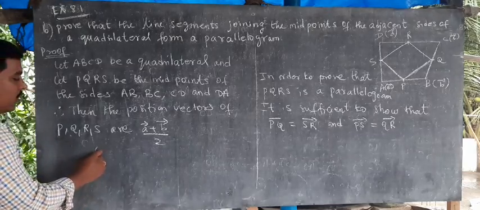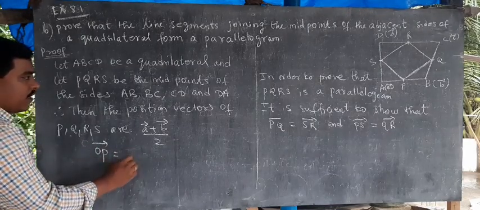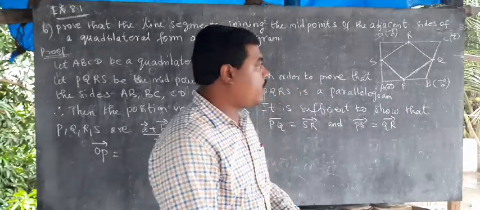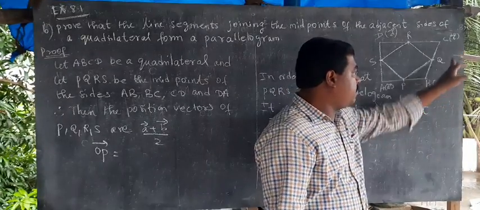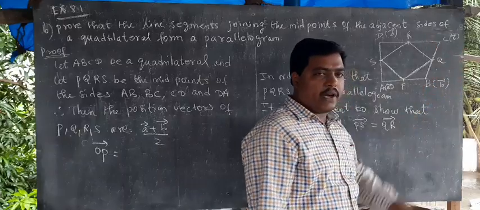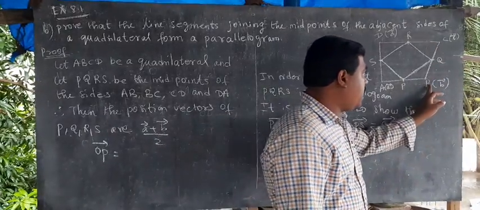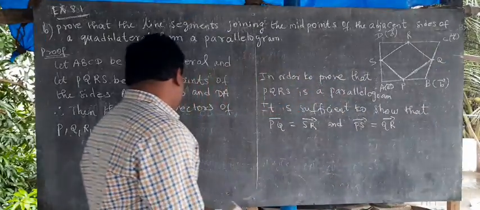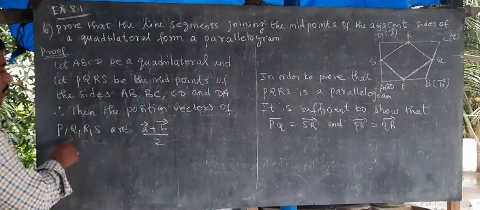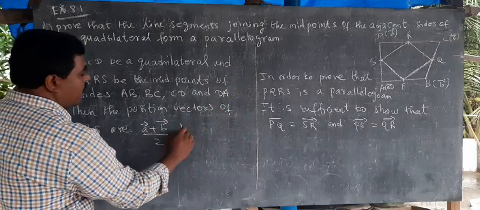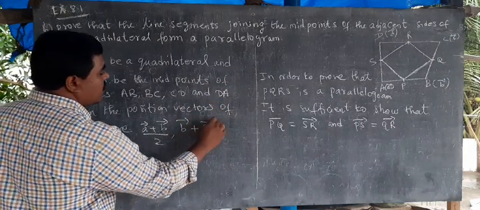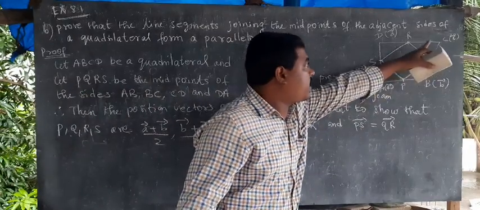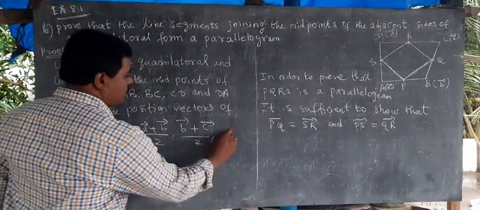OP vector is A vector plus B vector by 2. Q is the midpoint of BC, so Q equals B vector plus C vector by 2. R equals C vector plus D vector by 2.